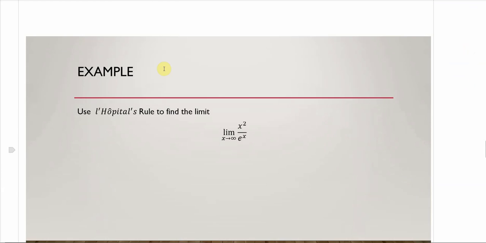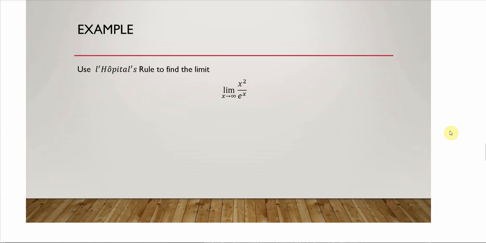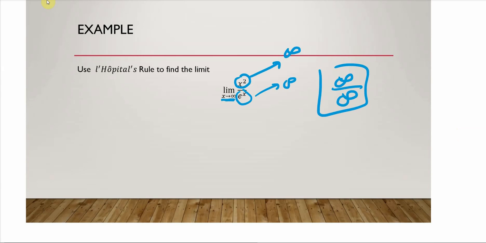Okay? Now, here's an interesting one. When you look at this one, you're going to say, I have no idea how to do this one. Well, the great part is, as x is going to infinity, this guy is going to infinity, and this one is going to infinity. So in reality, I have infinity over infinity, and that's going to tell me to apply L'Hopital's.